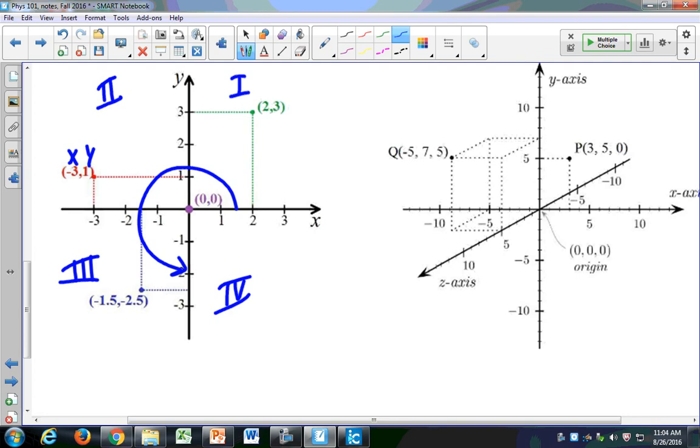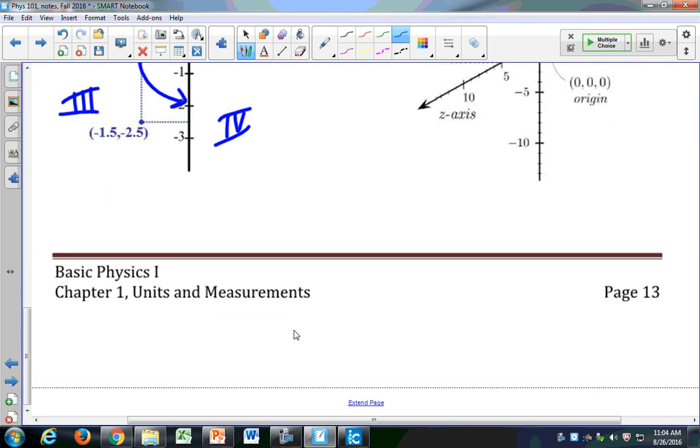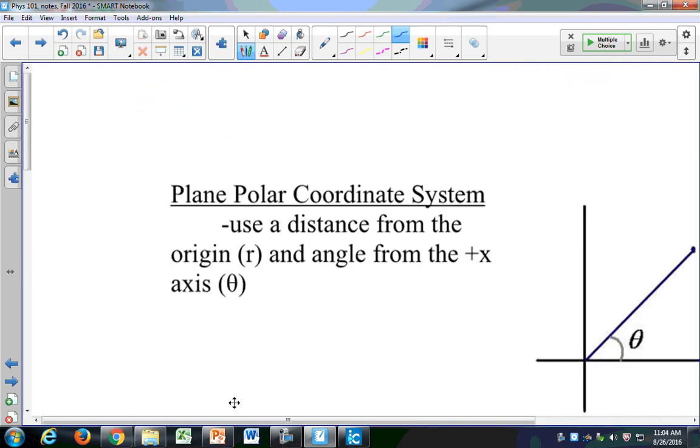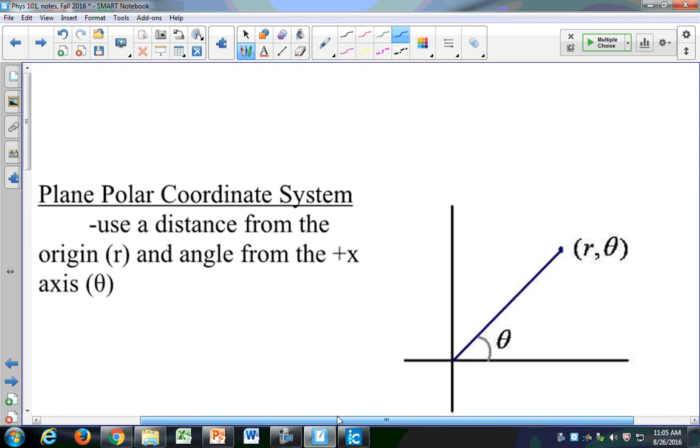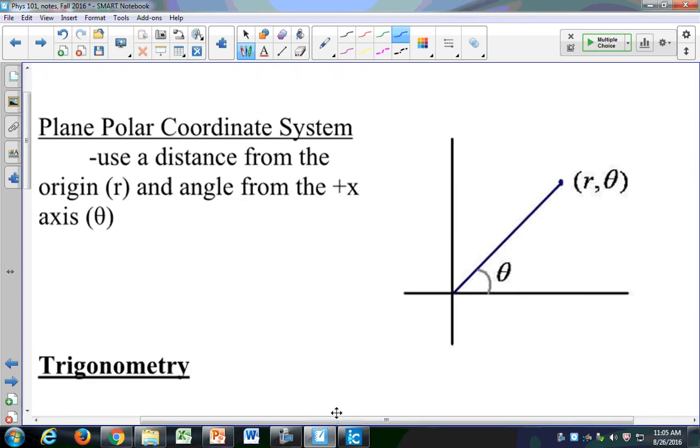We'll also later, like chapter 7 or 8, get into some three-dimensional stuff when we do rotation, where we'll have a z-axis. You've probably seen that before, but the z-axis is that third dimension. Don't sweat that right now. We'll deal with that in about 7 chapters. Sometimes we'll use the plane polar coordinate system, where instead of using x and y coordinates, we use r and theta.